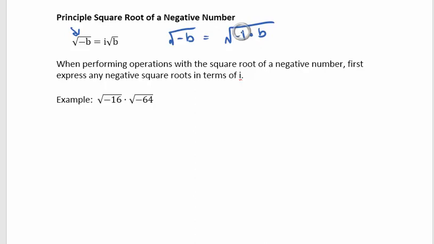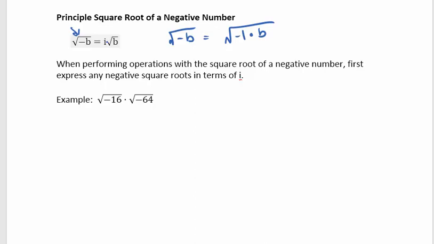And when we take this square root of negative 1 and factor it out front, we can write it as an i. That's where that i comes from. And so when performing operations with square roots where there's a negative number inside the square root, we always first express any negative square roots in terms of i before we do any operations at all. If you don't follow this, you can get the wrong answer, which we'll show you in just a second.